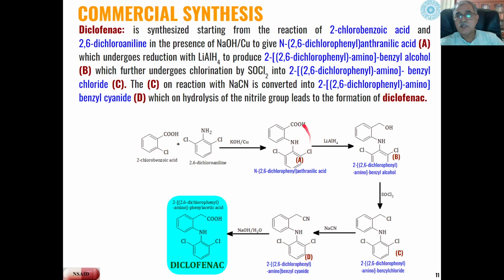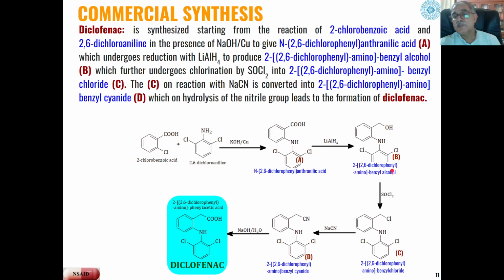Then this anthranilic acid derivative, when reacted with lithium aluminum hydride, basically reduction of this carboxylic acid group will take place, and this will be converted into the corresponding primary alcohol. So this primary alcohol will be formed.